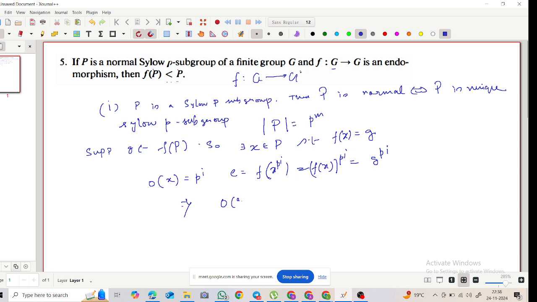Thus the order of g is also p to the power some j where j is at most i, right?